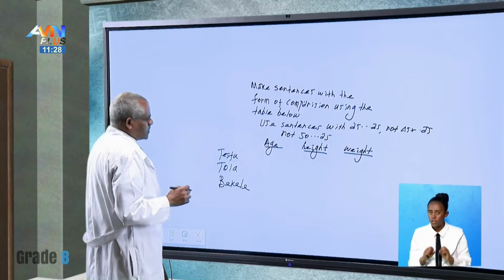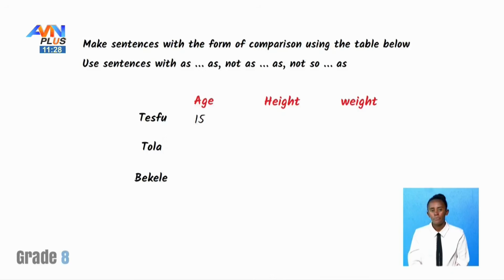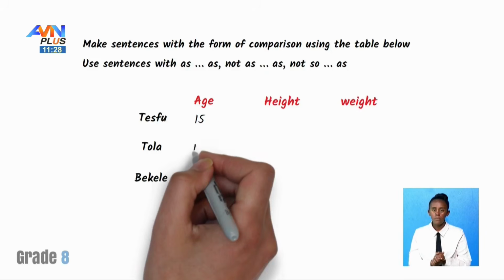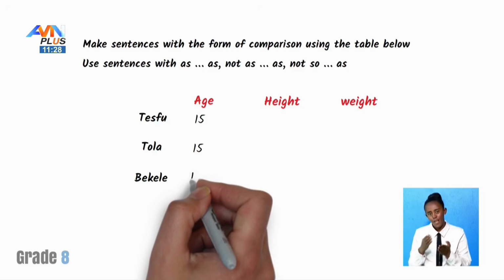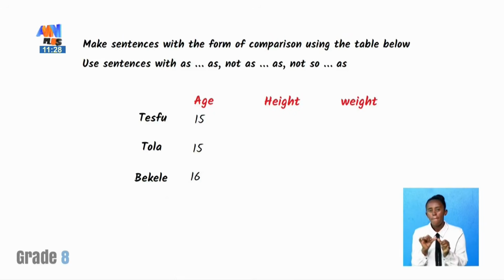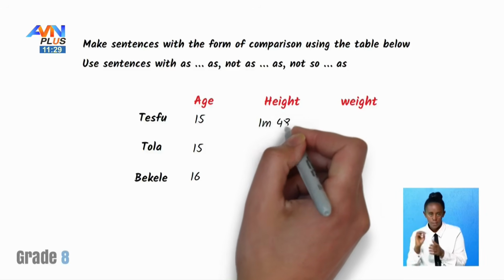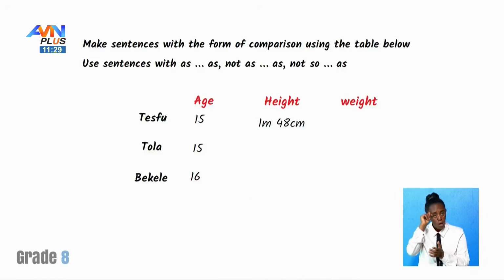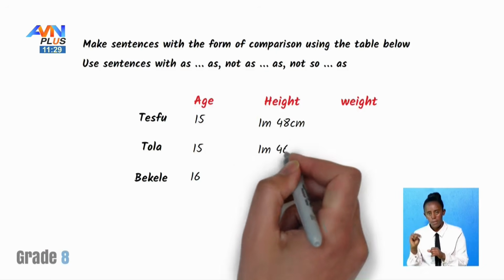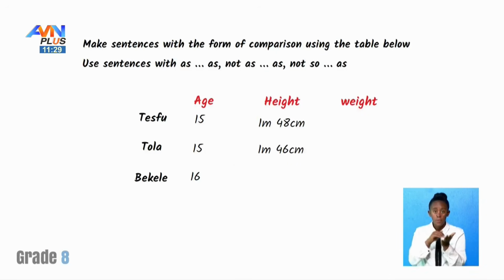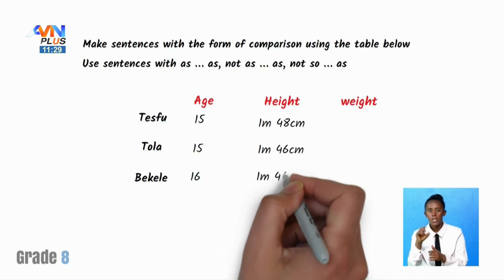Next to this, I'm going to write their age. 15, 15, 16. Let's go. Tesfu is 1 meter 48 centimeters tall. Tola is 1 meter 46 centimeters tall. Again, 1 meter 46 centimeters.